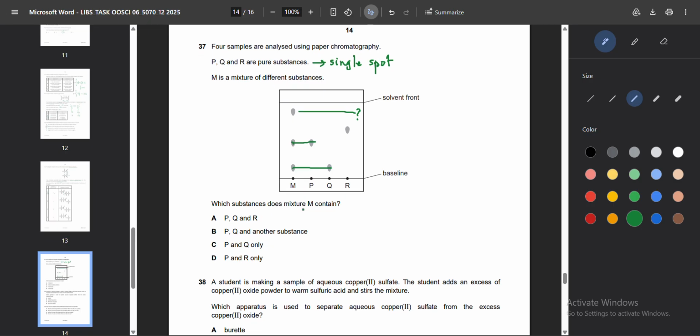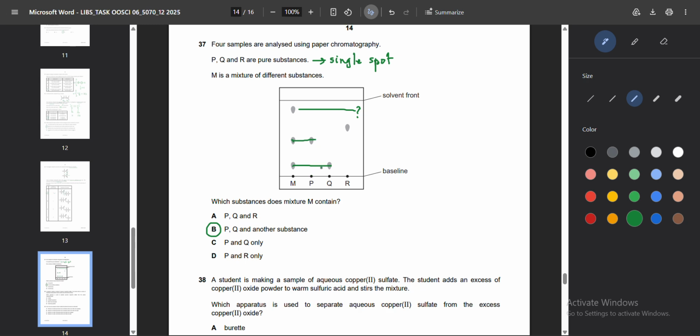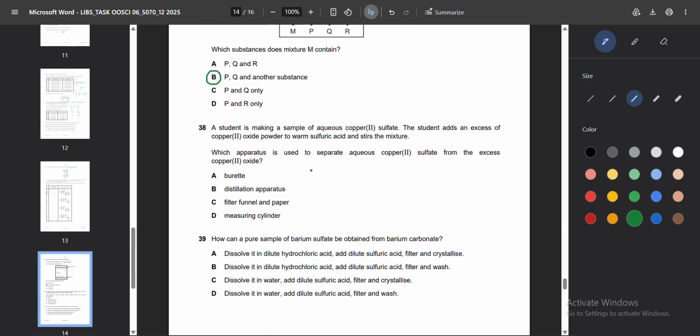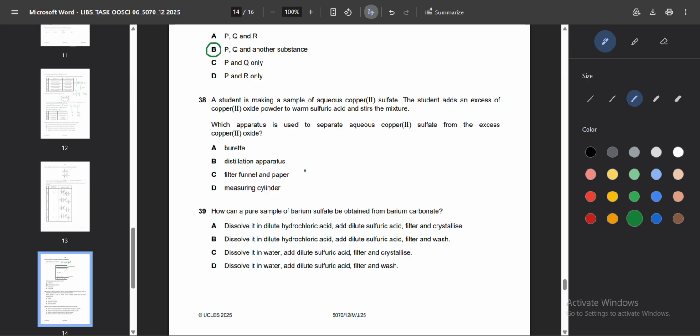There is something missing, some other substance that is also present in M. So which substance does mixture M contain? Which is the correct option? The correct option is B, that it contains P, Q and some other substance which is not shown in this chromatogram. Now question number 38.